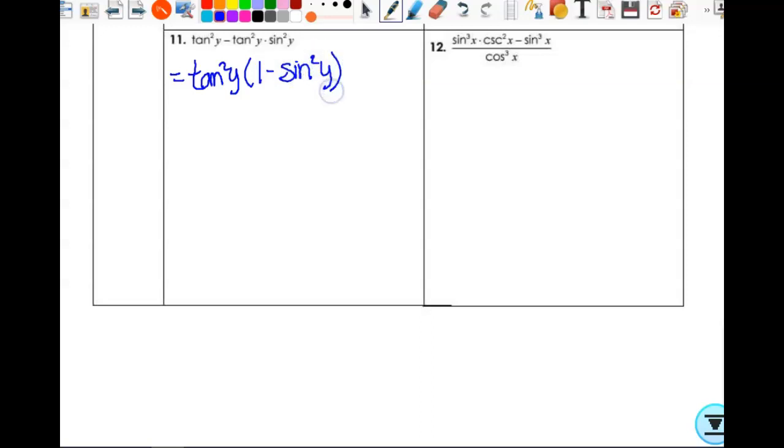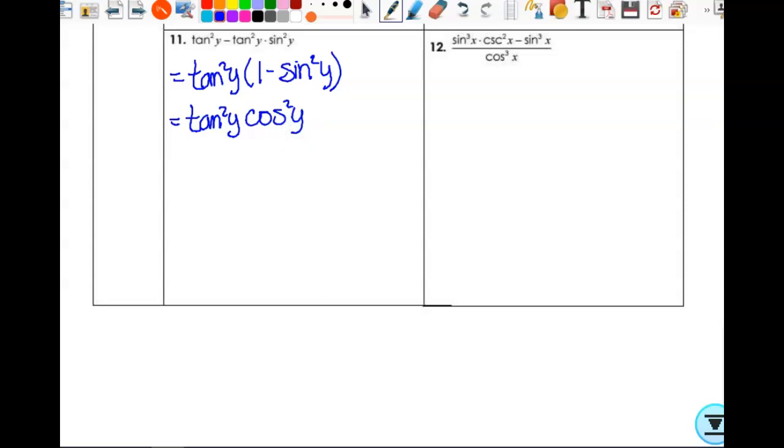So I can still think Pythagorean, but if I replace tangent squared with something Pythagorean, that's going to replace it with 2 terms. And I'm trying to narrow things down, right? But that second one, 1 minus sine squared, what is that? Cosine squared. So I'm going to leave this as tangent squared y times cosine squared y. And then I don't think I want to use Pythagorean anymore.